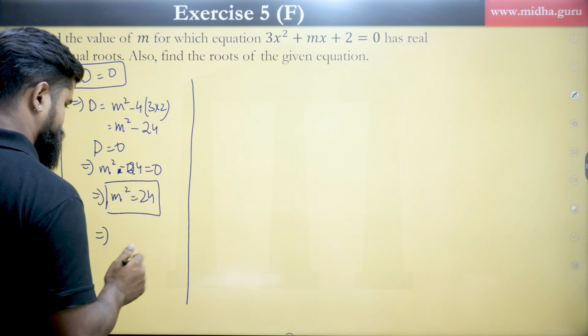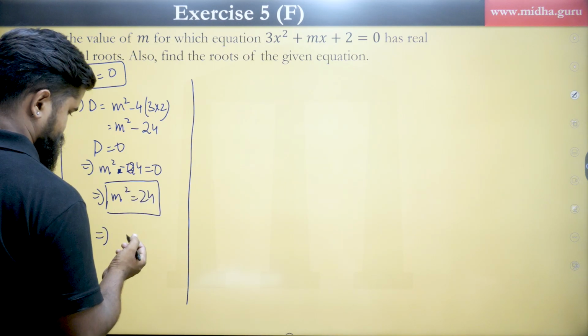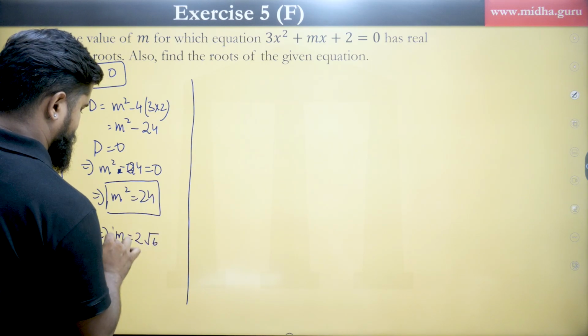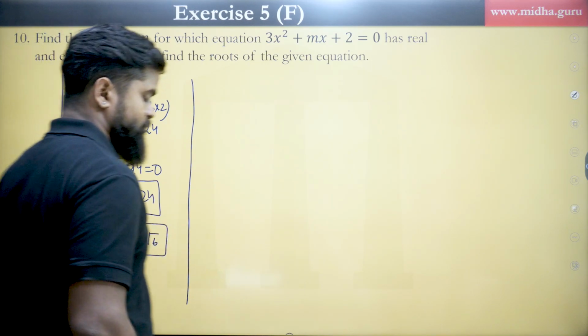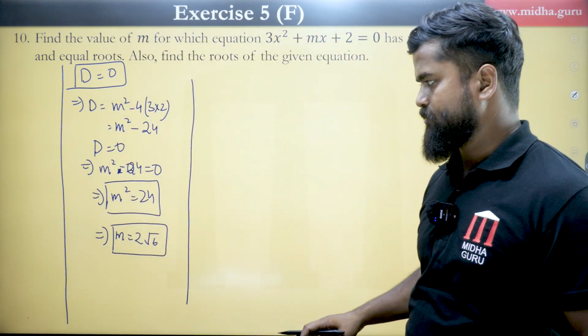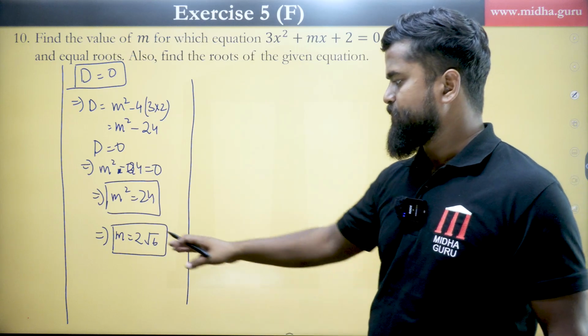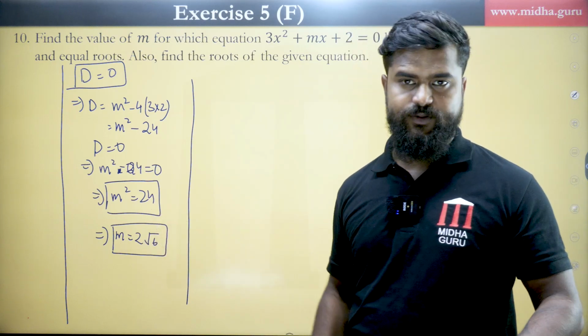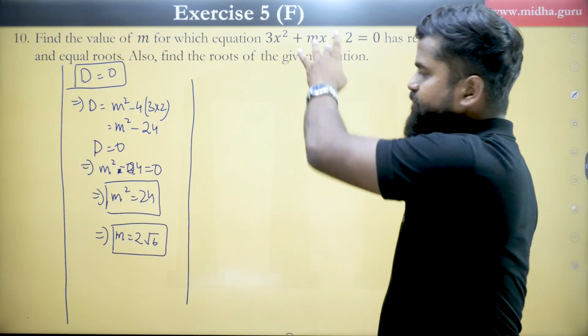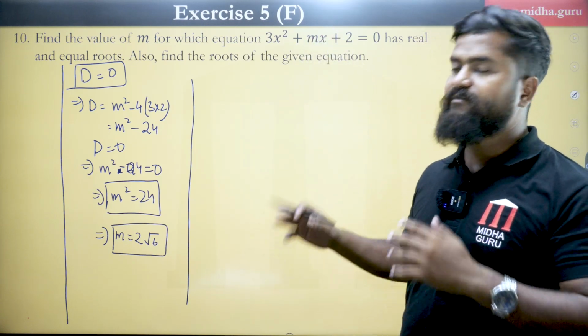So m will be equal to 2√6, since 24 is 4 into 6, and taking out 4 we get 2 and √6. Now we'll put the value of 2√6 up here, and then we will find the roots.